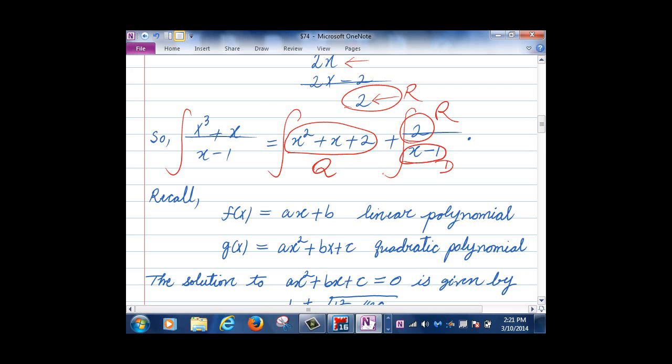And do we know how to integrate the proper fraction in this case? Yes, the integral of 1 over x minus 1, right? What is that? That's log of x minus 1, right? So that's why we need to do this in order to integrate this improper rational function.